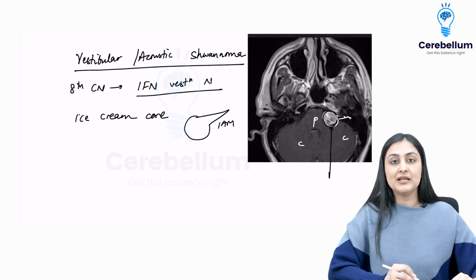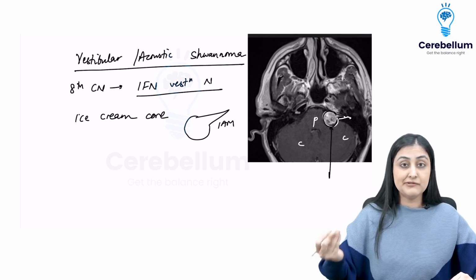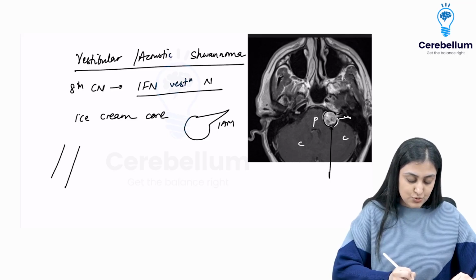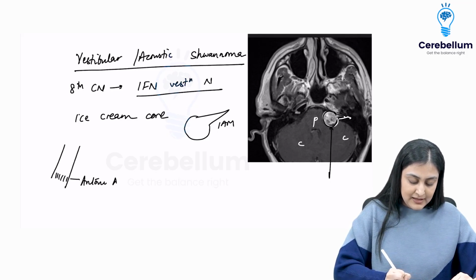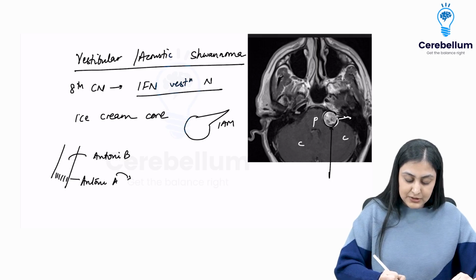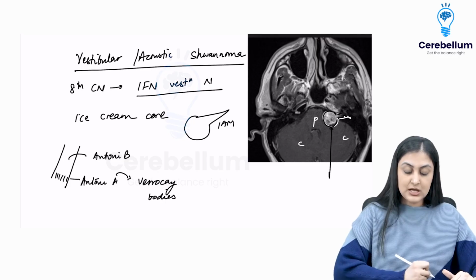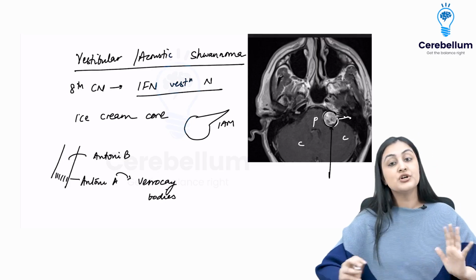Okay, so this is very, very important. And pathologically even more important, you have these two areas. One is the cellular area called the Antoni A area, and the acellular area called the Antoni B area. The cellular area would have Verocay bodies, all right. So this is the histology of schwannomas.